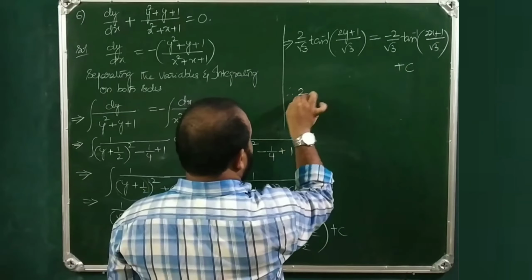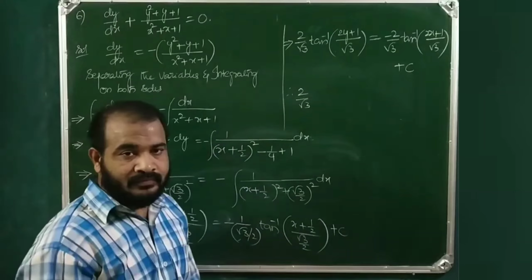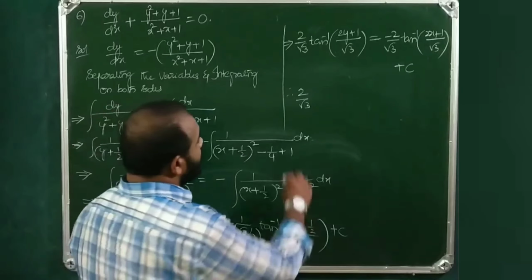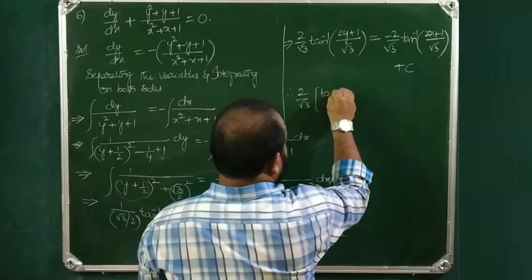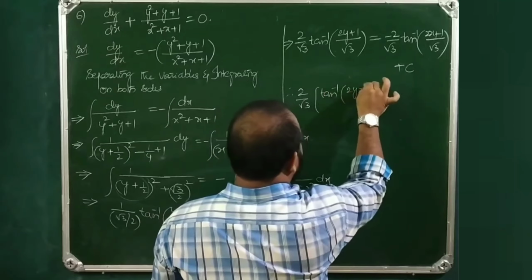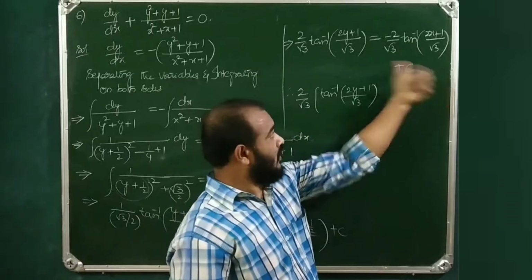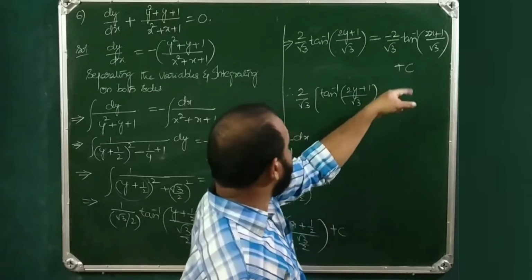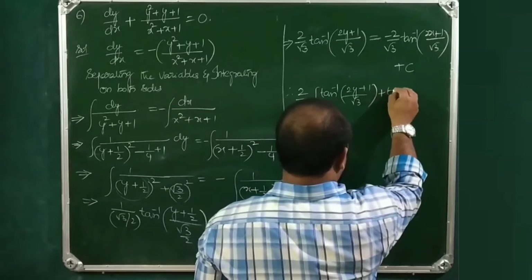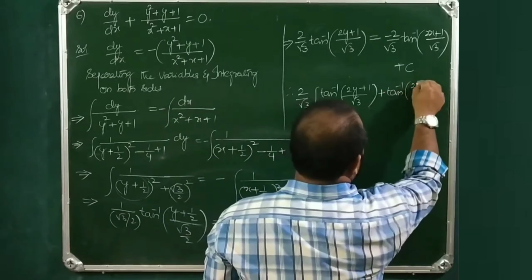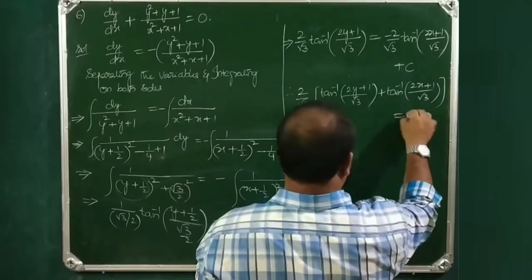Therefore, 2 by root 3 into tan inverse of 2y plus 1 by root 3. This minus, if you transpose here, it will be plus 2 by root 3. 2 by root 3 is taken common. So tan inverse of 2x plus 1 by root 3 is equals to c.